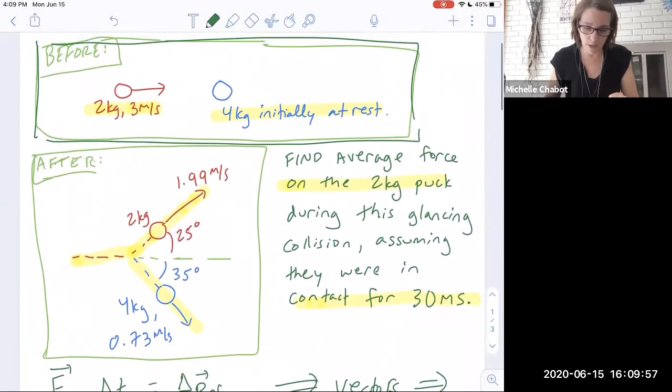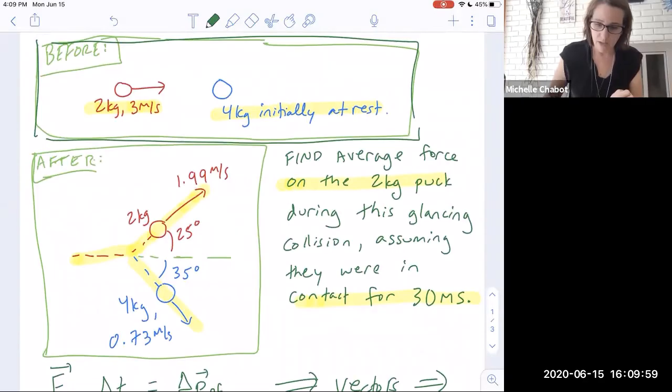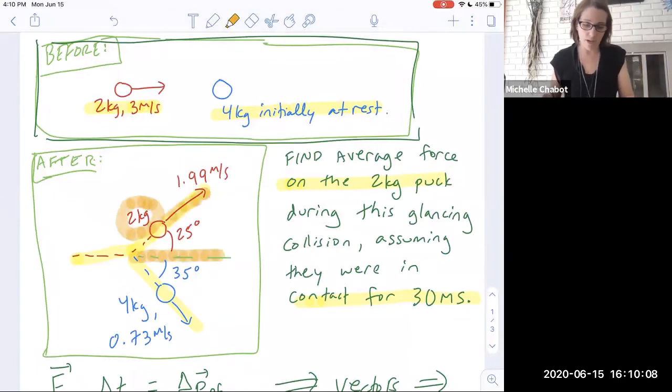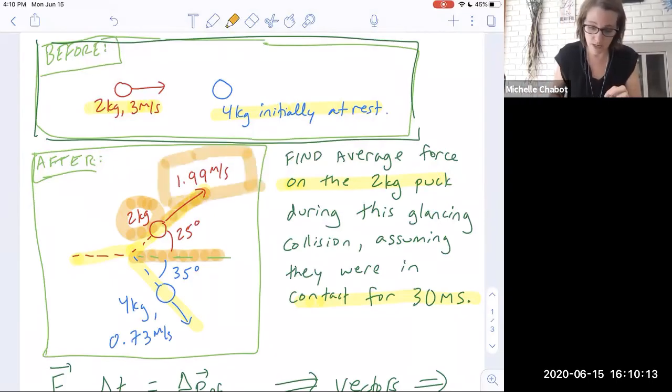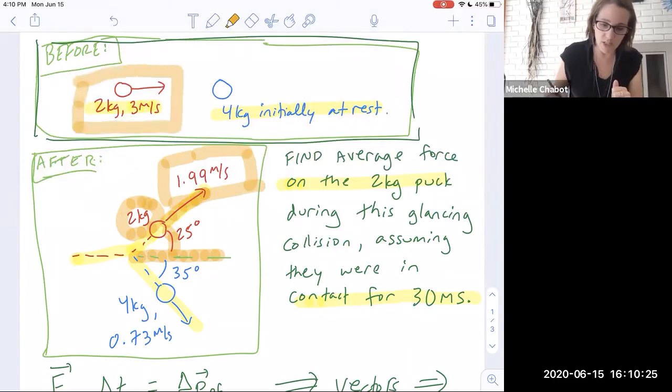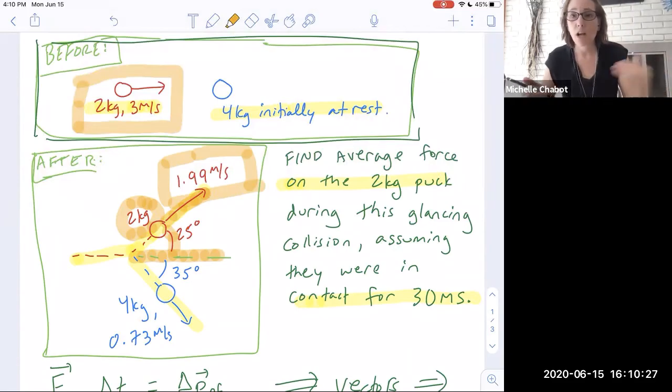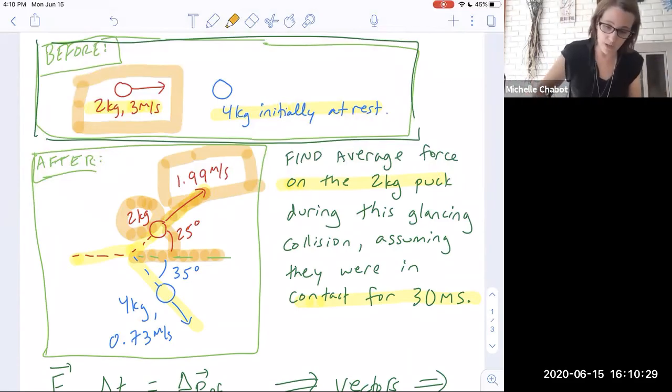If I scroll back up here and look at the x component of the final velocity for the 2 kilogram puck, I know the velocity is 1.99 meters per second, and I know the angle. So the x component would be 1.99 times the cosine of 25. And the initial, it was just headed entirely in the x direction, and that was just the 3 meters per second.